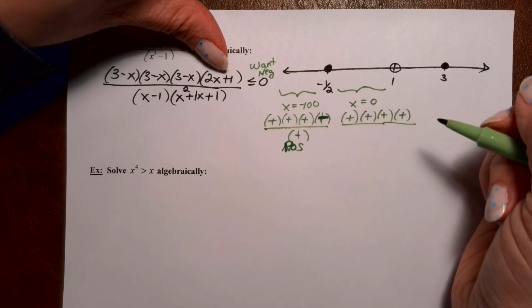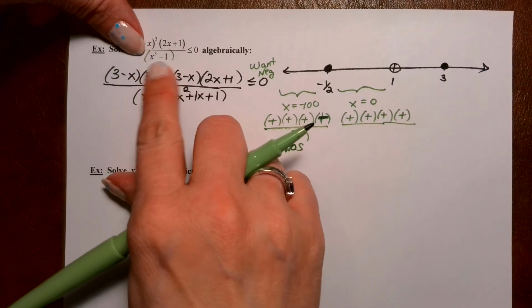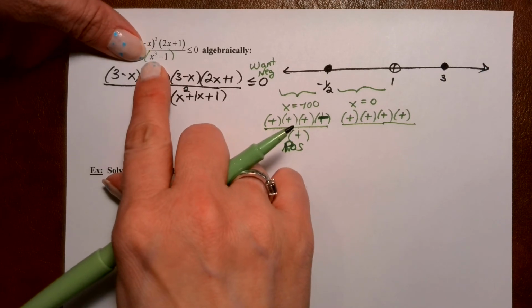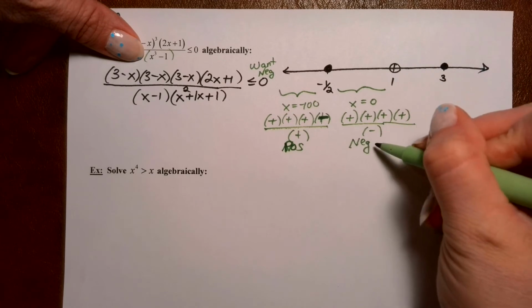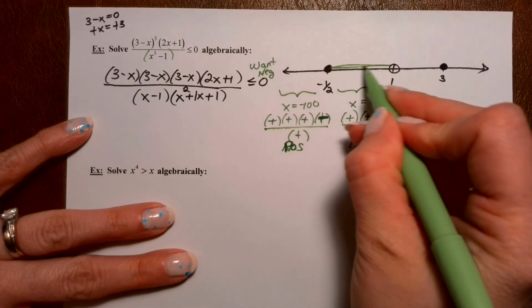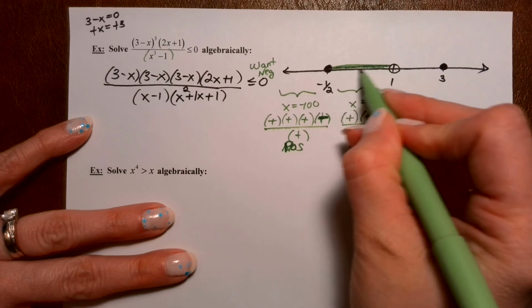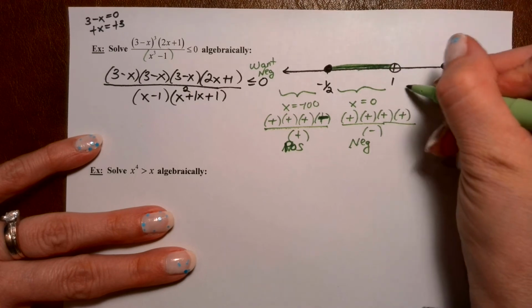That would be another positive. Maybe I'll test this right here. 0 times 0 times 0 minus 1. That would be negative. This is working out to be negative, and we wanted negative, so this is a good section. Good section right there.